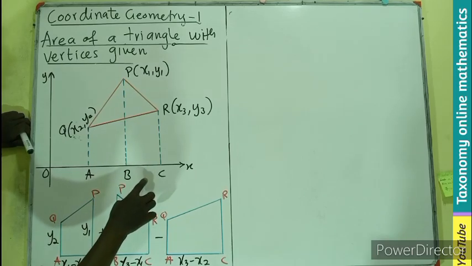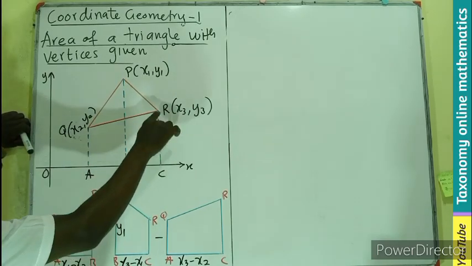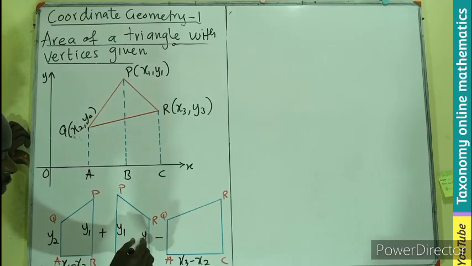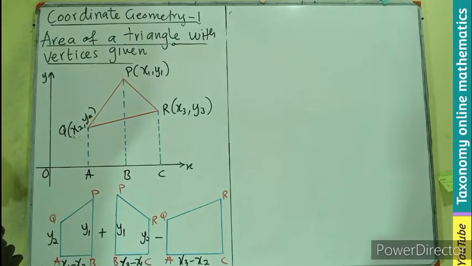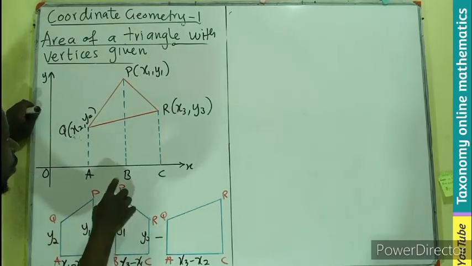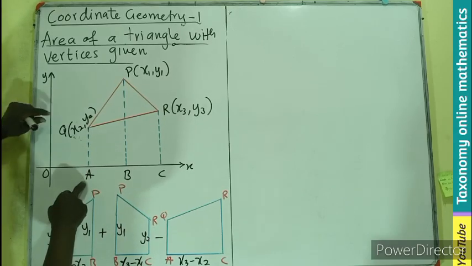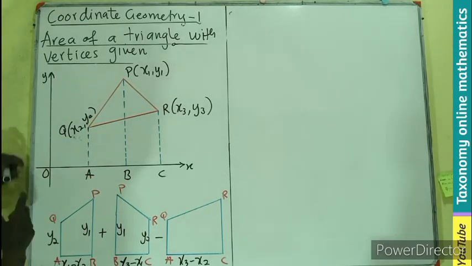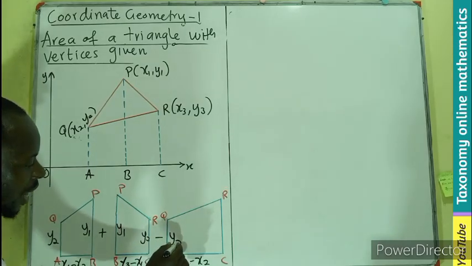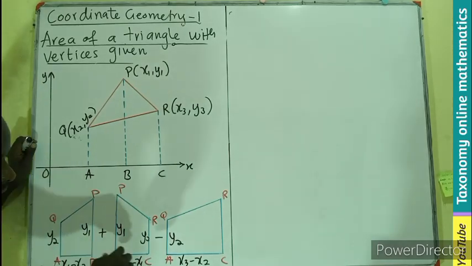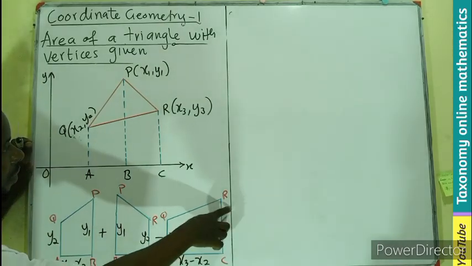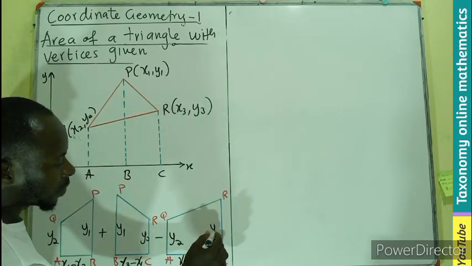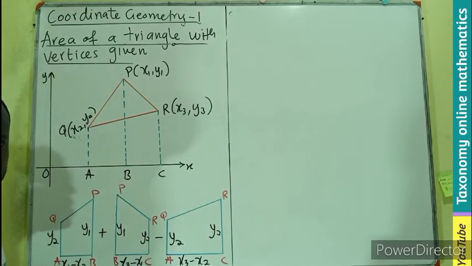CR: what is the CR? On the y-axis, the value is y3, right? AQ: what is the AQ? We have AQ, which is still y2. Then CR will still be y3. So these are the dimensions that we need.